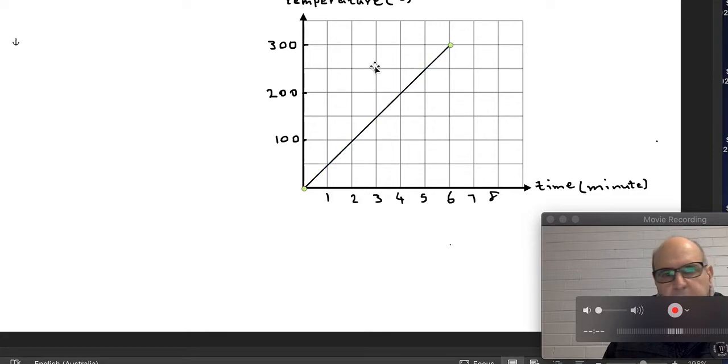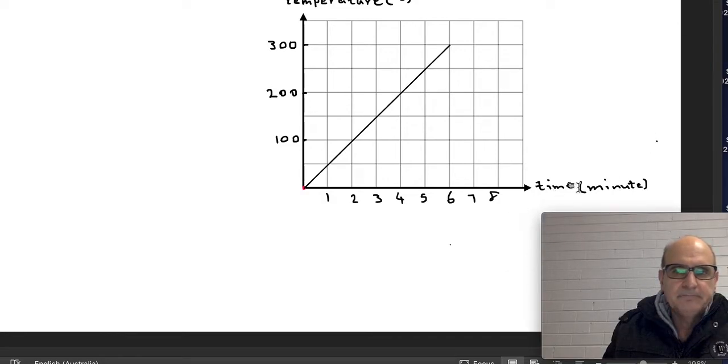That is my graph. That is the graph of the change in temperature with time. All right, that is the first part of the question.